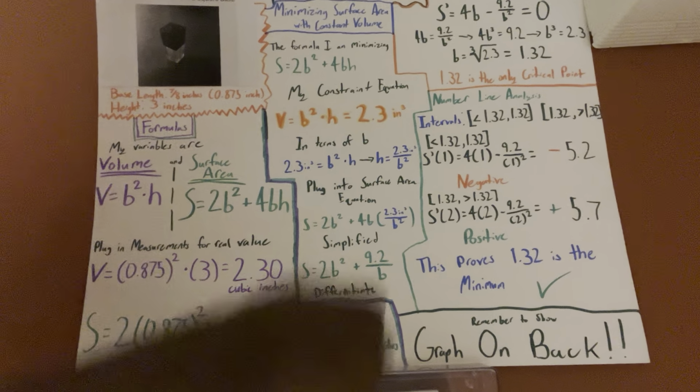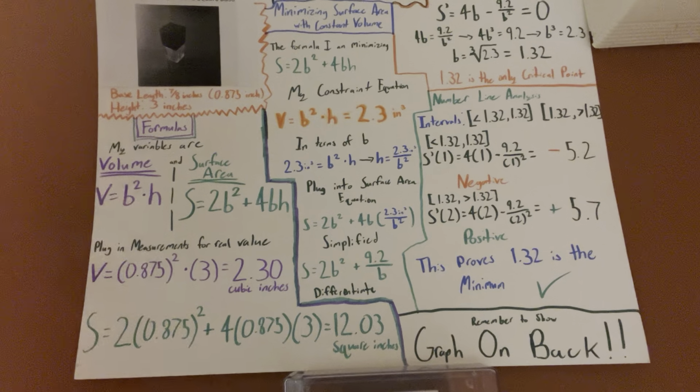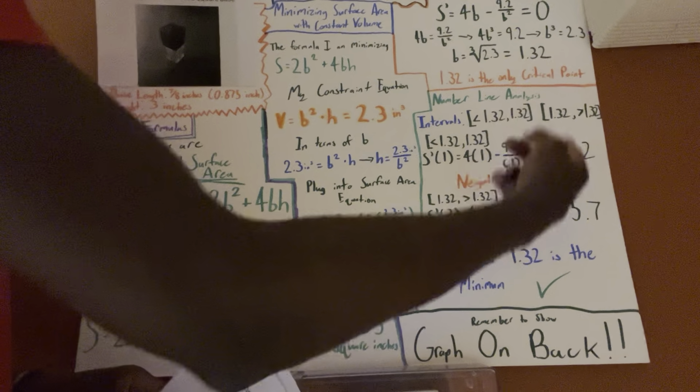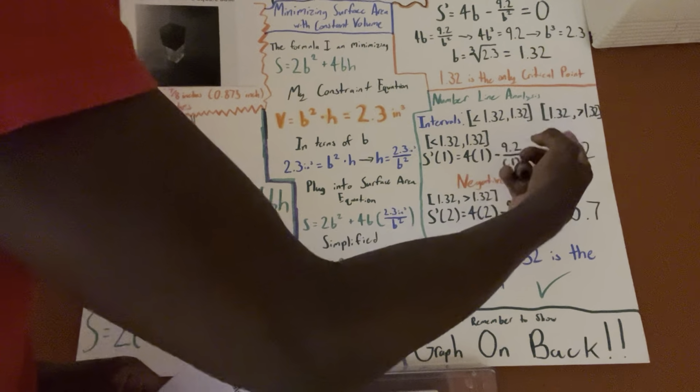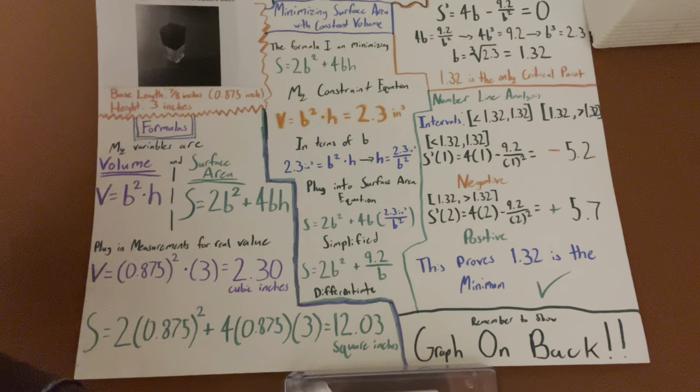To double check, I used number line analysis. So basically what I did was I found intervals, and my intervals were any number lower than 1.32 up to 1.32, and my second interval was 1.32 to any number higher than 1.32.